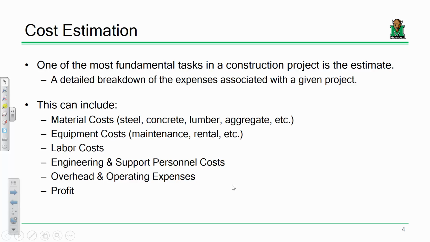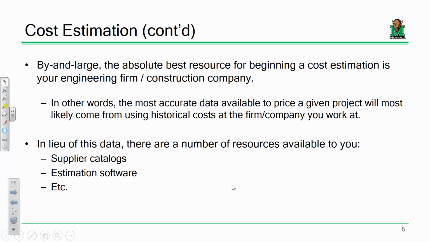So I want you to get an idea that a cost estimate needs to be pretty accurate, and it can also be fairly detailed and intricate. By and large, the absolute best resource for a cost estimate in the real world is your firm, your company.